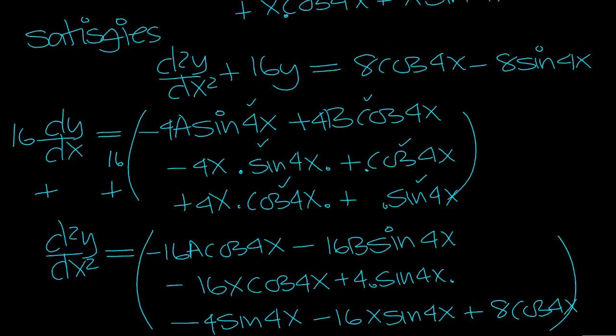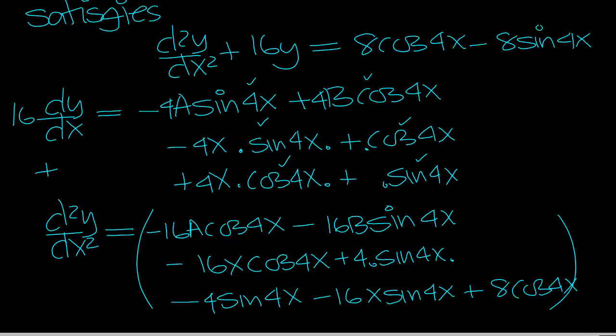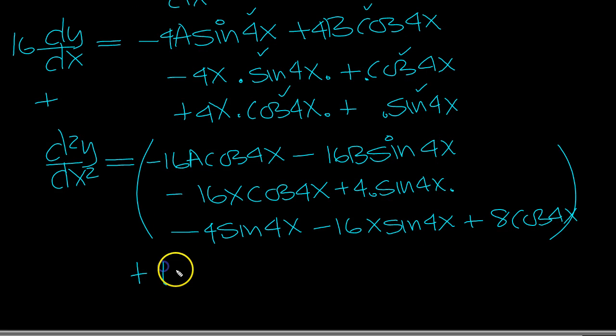Oh no, it's not 16 of those. It's 16 of y's, isn't it? So let's be a bit more careful than that. Okay, it's this plus 16 y's. So let's write that down. Plus 16 of y's. And y was a cos 4x plus b sine 4x.